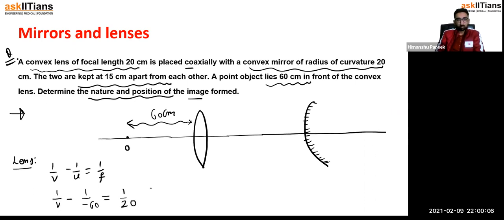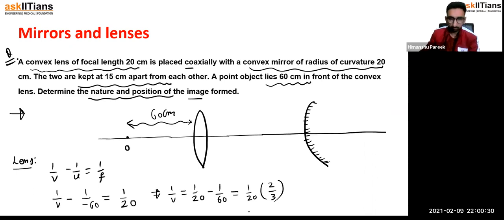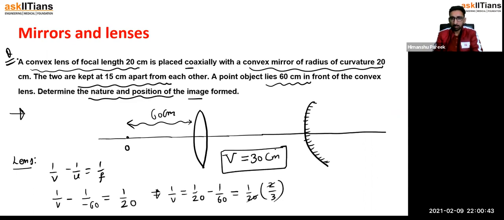Now I would write 1 by V is equal to 1 by 20 minus 1 by 60, because that's plus 1 by 60, which on the right hand side becomes minus 1 by 60. Now I can take 1 by 20 common, and this becomes 1 minus 1 over 3, which is 2 over 3. Right. So this will become 30 centimeters. From here we get V is equal to 30 centimeter.